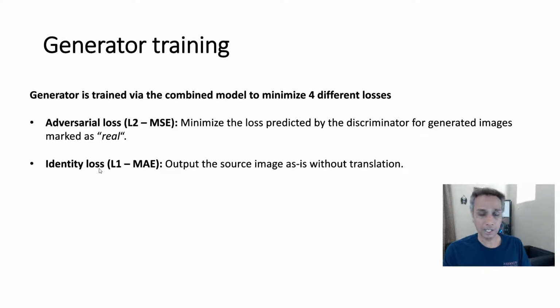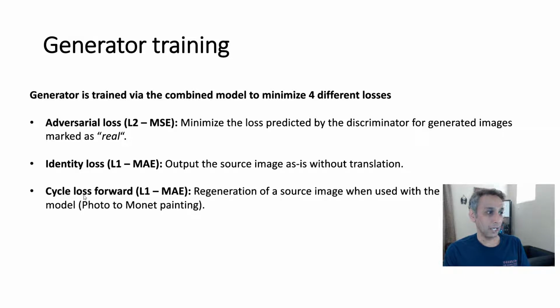And the identity loss we just discussed. They suggested that to be L1 loss, which is nothing but mean absolute error. L2 loss is mean squared error. So here, again, we already know what identity loss is. Your output image and input image should be the same for the second GAN. So that's what we are trying to compare, and we are minimizing the mean absolute error.